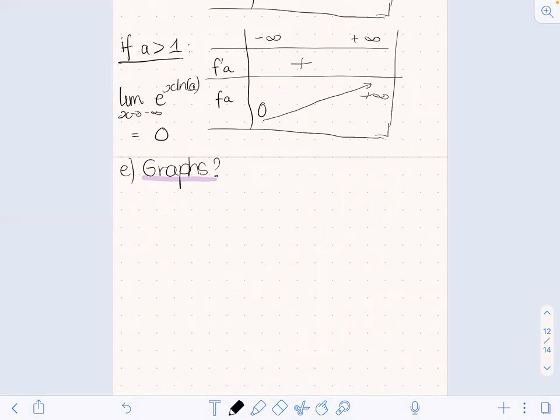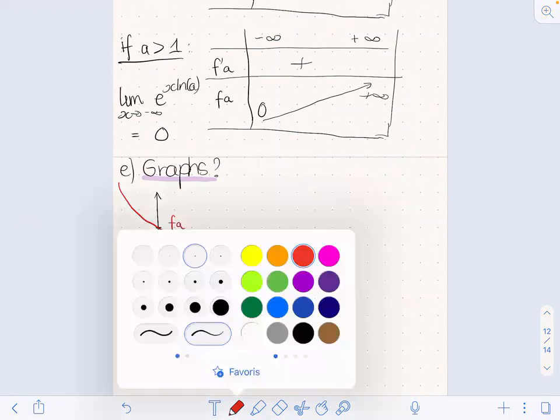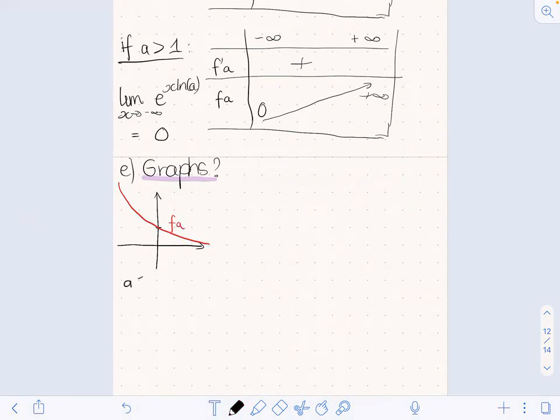So first case is the case where a is smaller than 1. We'll be able to compute and check that the value at 0 is equal to 1. And you've basically got the behavior of an exponential function. That's f of a, and that's the case where a is smaller than 1.